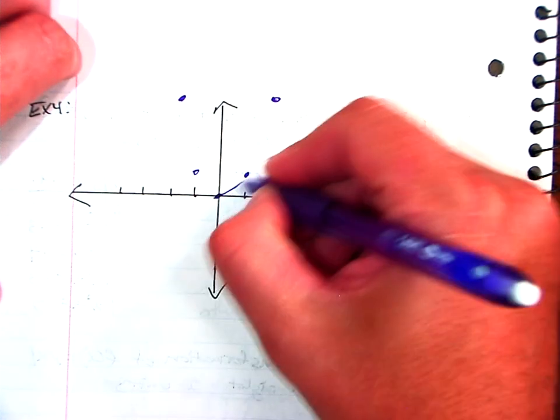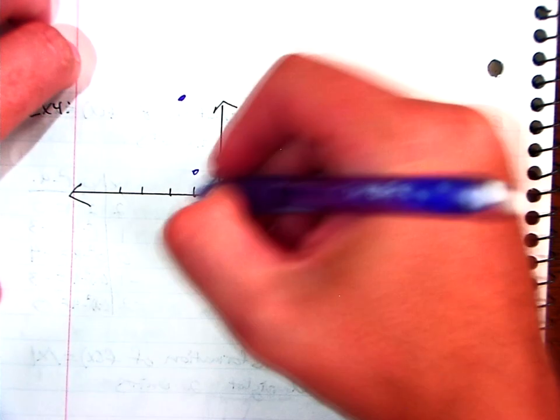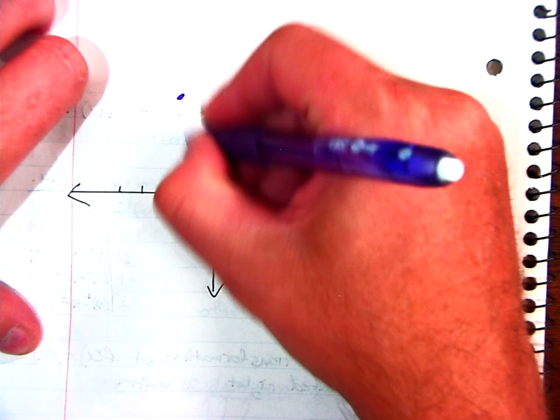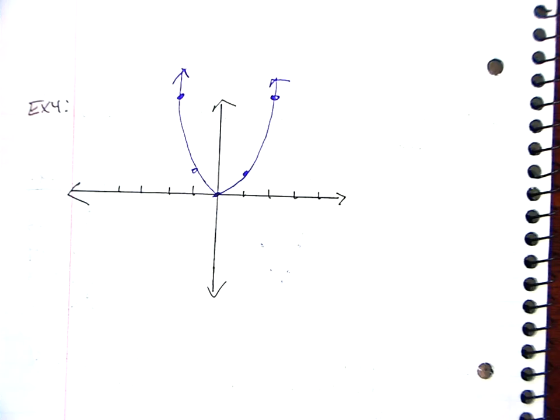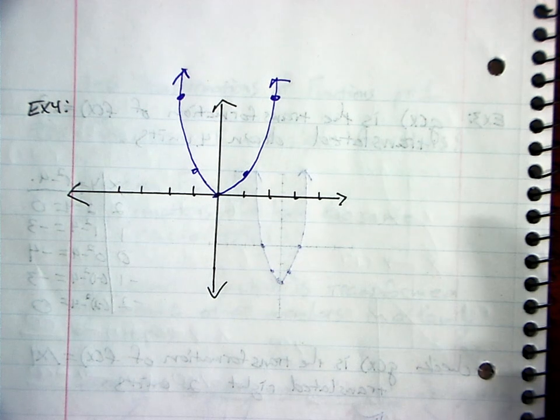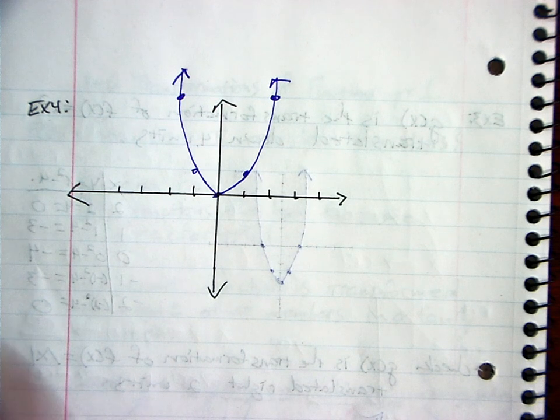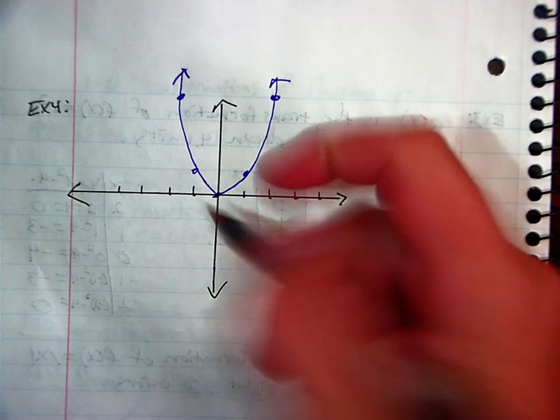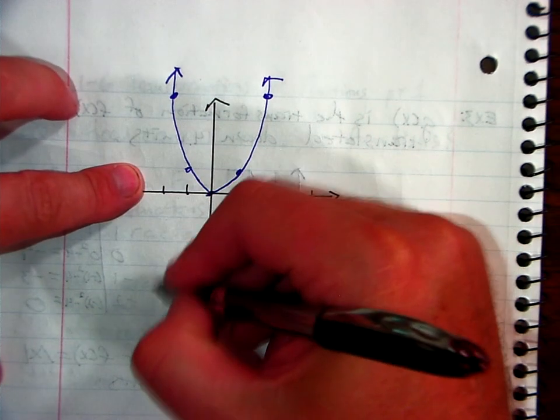And this will be given to you for your assignment. For the second half of your assignment, you don't need to draw a graph. You just need to tell me what's going on with the graph. So I need a point at the vertex of my second graph, which is going to be back 2, down 4.